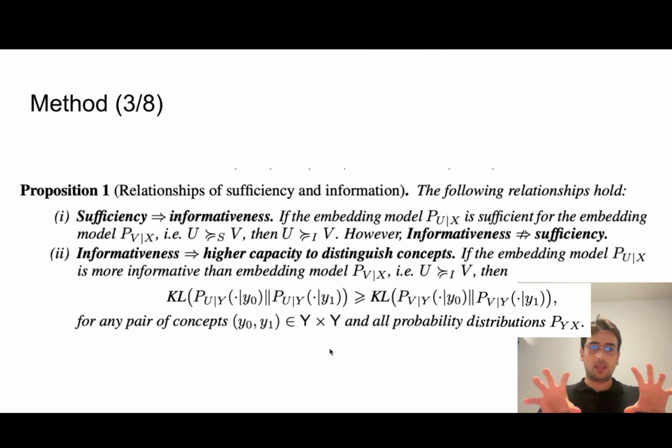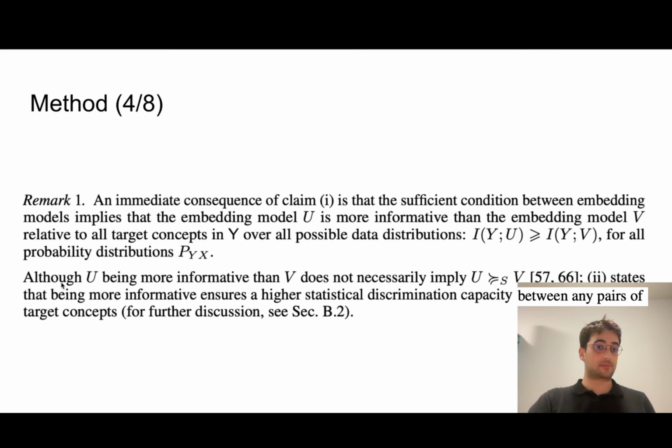But intuitively, let's say age group 5 and age group 10 have a lot of difference in one embedder model, and in another embedder model, 5 and 10 are not that different. So we can say that the vector representations are not giving you enough information, intuitively, right? So yeah, that's the second part of their first proposition, right?